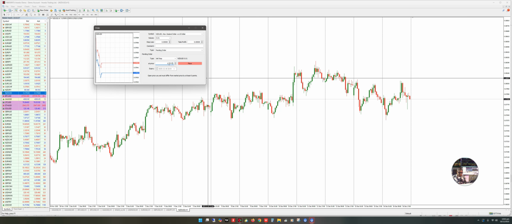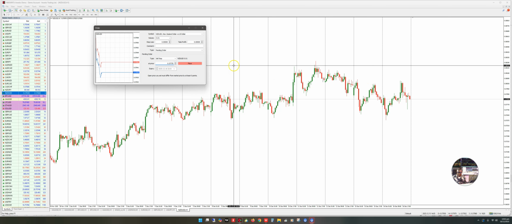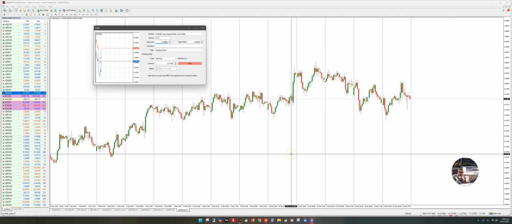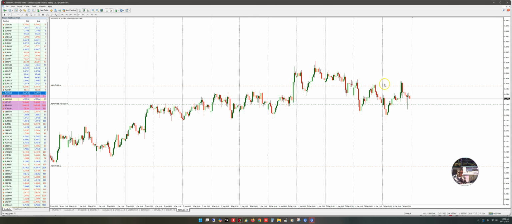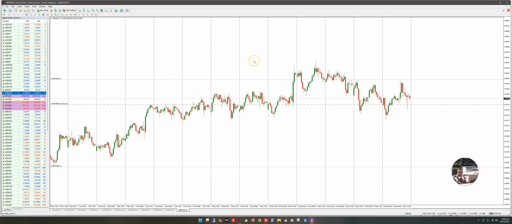So our entry is 0.577, our stop loss is 0.58, and our take profit is 0.57. Once this is placed, you can see the stop loss is too close, so we can adjust it, and once you adjust, you modify. That is how to place your pending order for a sell stop.